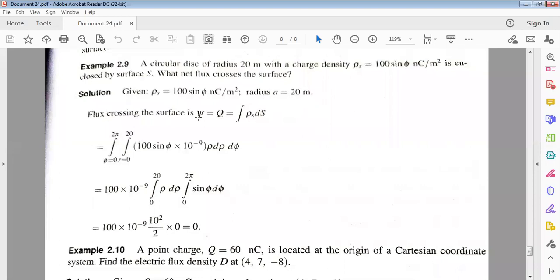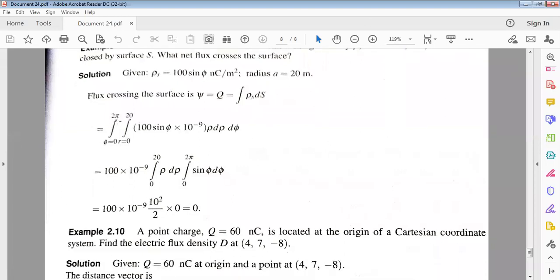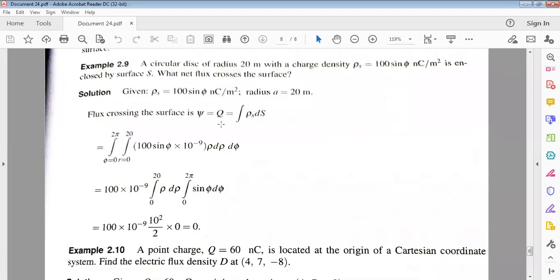The flux crossing the surface is psi equal to Q equal to the integral of rho s dS. Here, what are the ranges of the values? It is a circular disc, so definitely it has the shape of a circle.